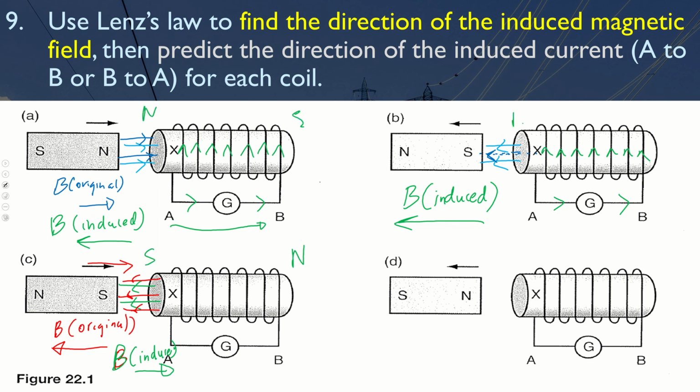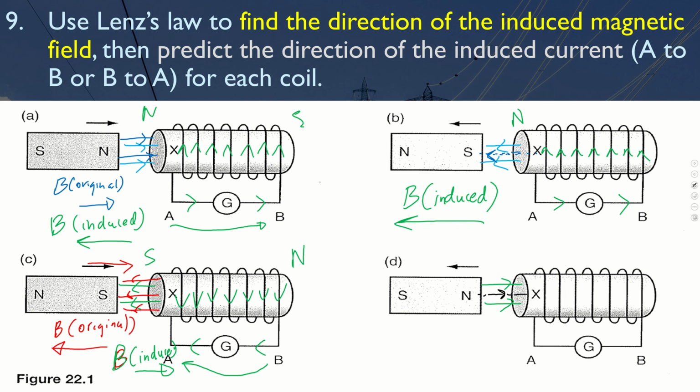I'll just show the examples for the other ones. So what that means is the current is coming down like this. So it goes from B, G to A. So the induced current goes in that direction there. Okay. The last example we're going to go over is the North Pole. So the North Pole is originally going into the page, but as we move it further and further away, we're going to drag it out, there are fewer lines going into the page.